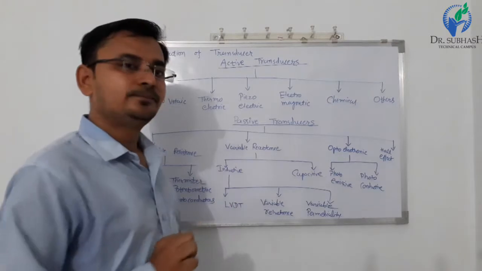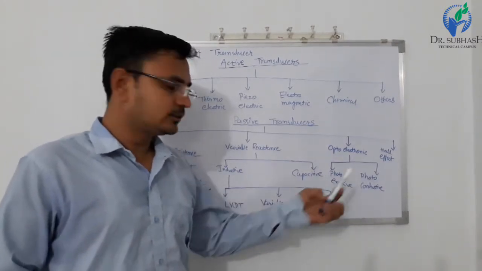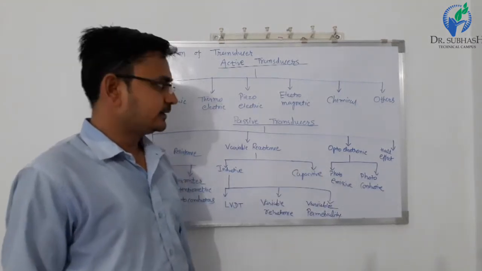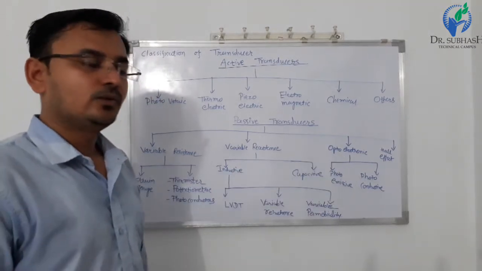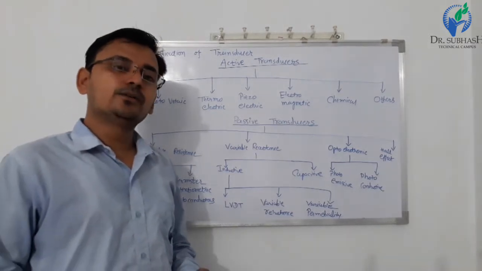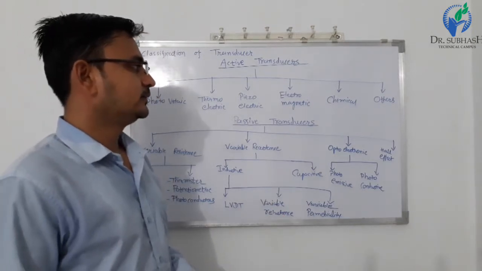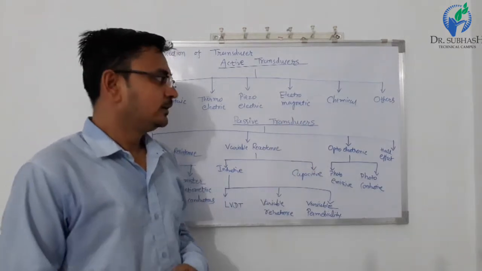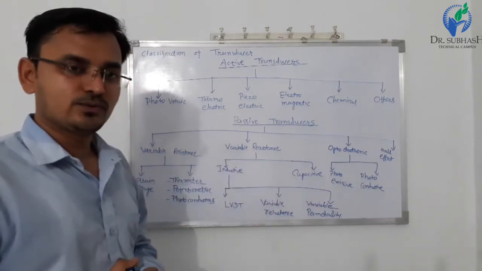It means it will catch the light. So these two types of transducers are covered in optoelectronic devices. Then the last one is the Hall effect transducer. The Hall effect transducer is also a passive transducer because an external source is also required, and we will see this transducer in detail in the subsequent chapters. So these are some passive transducers.